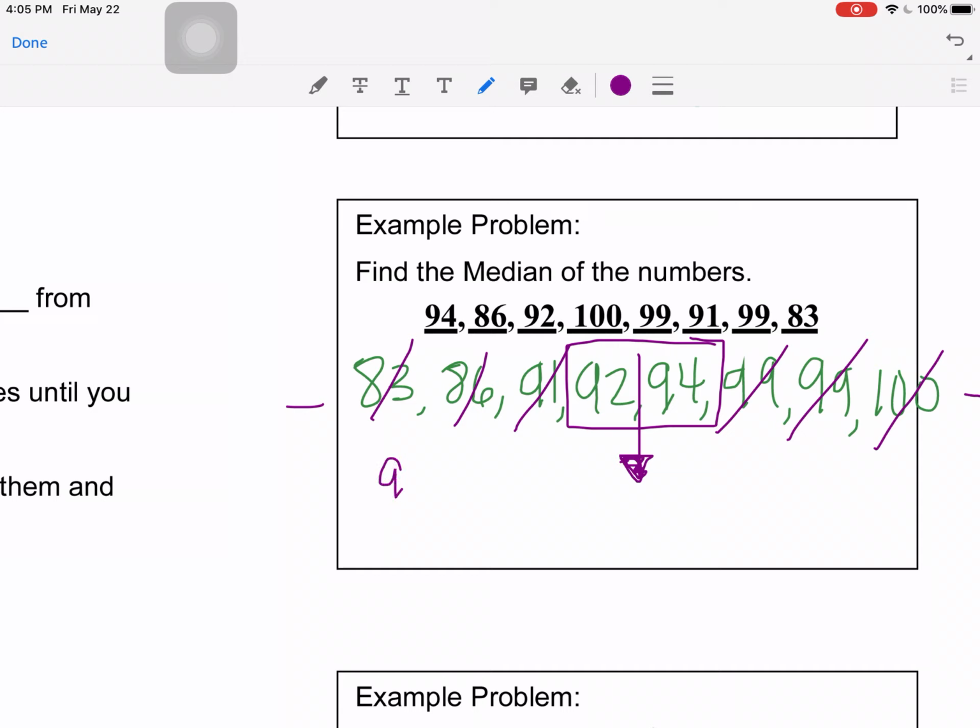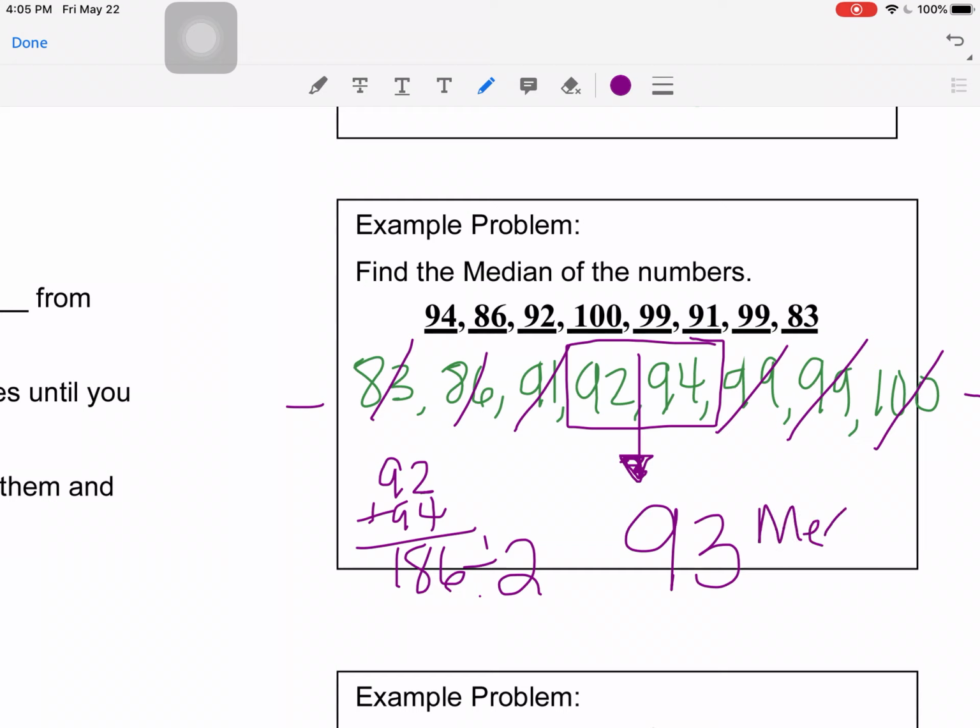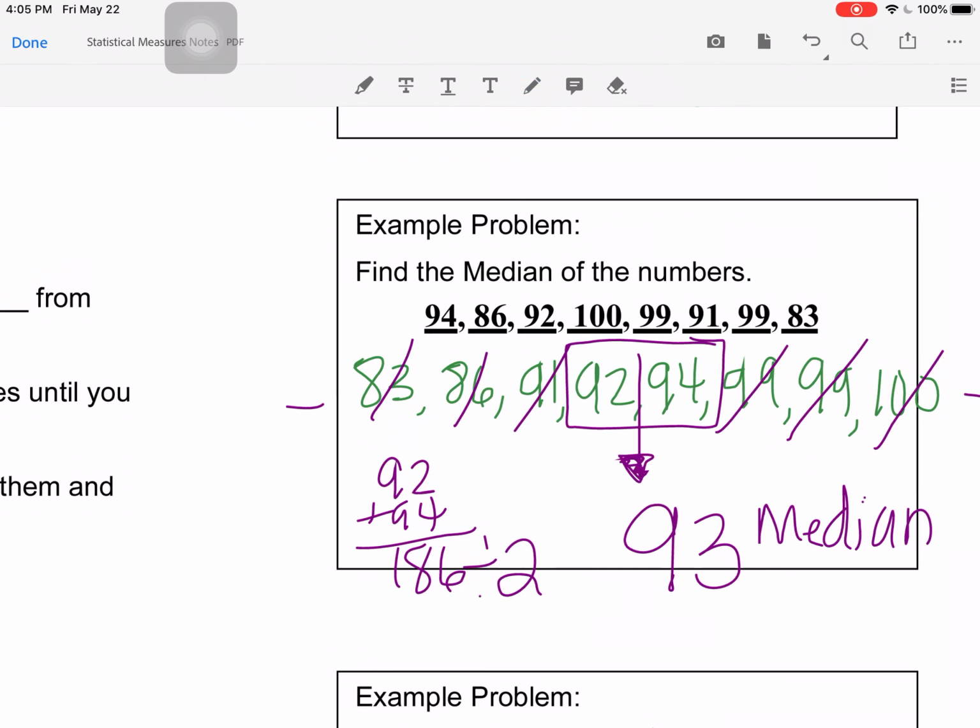So 92 plus 94 gives us 186, and we divide that by 2, which gives us a median of 93. Okay, so that is the median, the center of our data. Mean, median, and mode centralize our data.